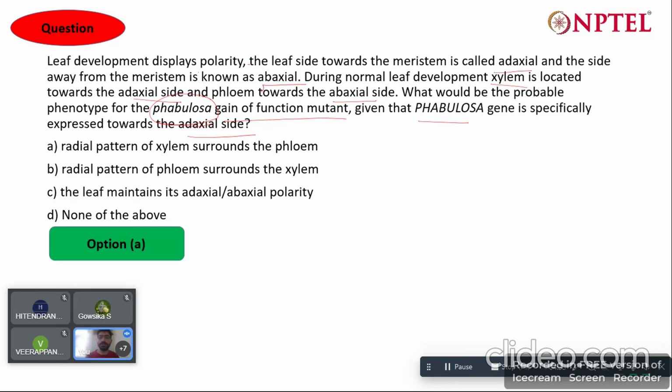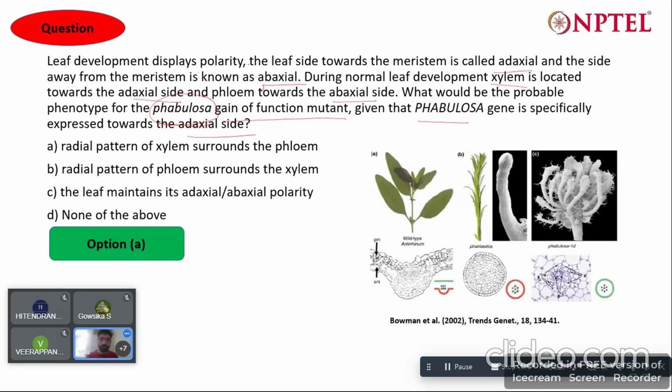The correct answer is option A only. Why? In this figure, the green colored is the xylem and the red colored is the phloem. Xylem is located on the adaxial side and phloem on the abaxial side. And as we know, the fabulosa gene is on the adaxial side only.